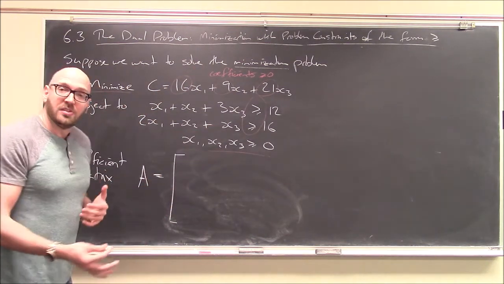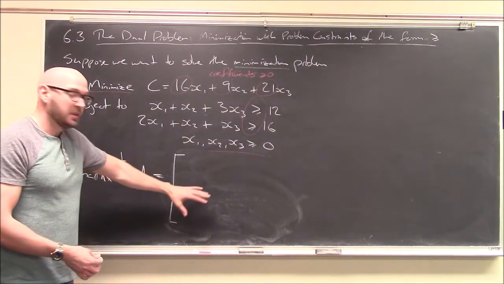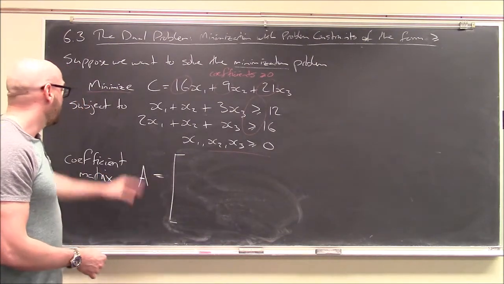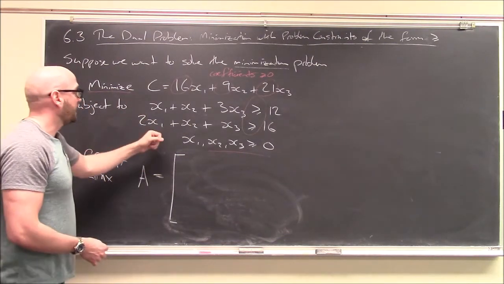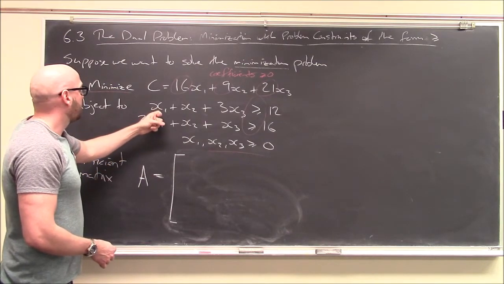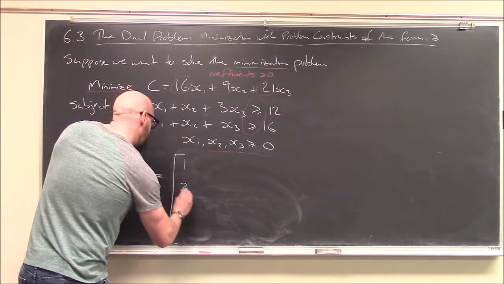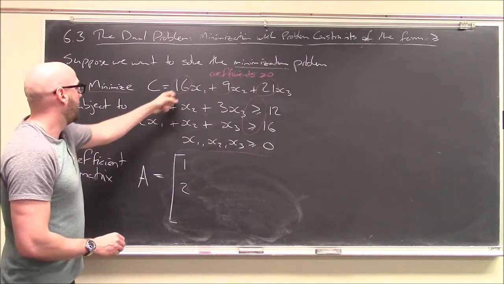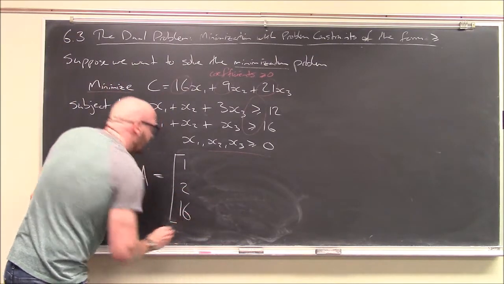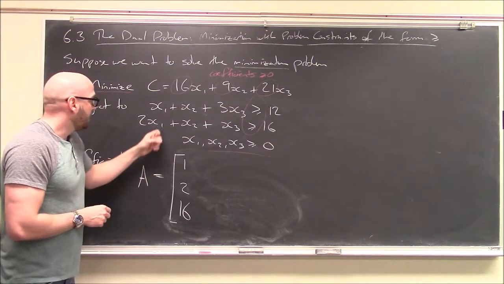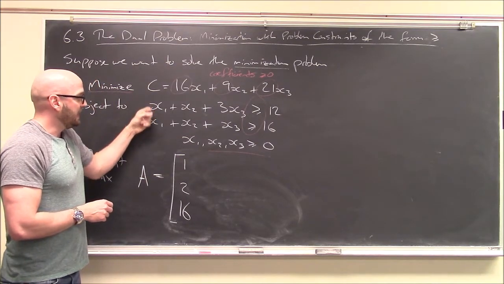It's not the same as the simplex tableau. Remember, there's a lot of work that goes into building the simplex tableau first. The coefficient matrix, I can just really quickly read off. Coefficients of x1 are going to be 1, 2, and 16. Like the simplex tableau, I'm putting my inequalities first.